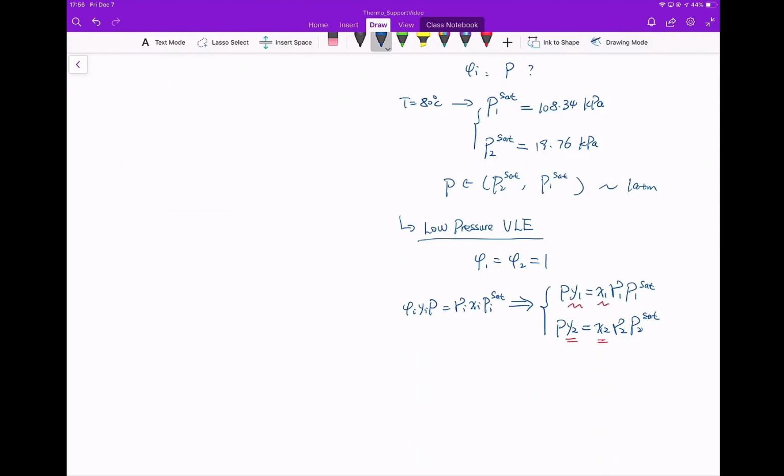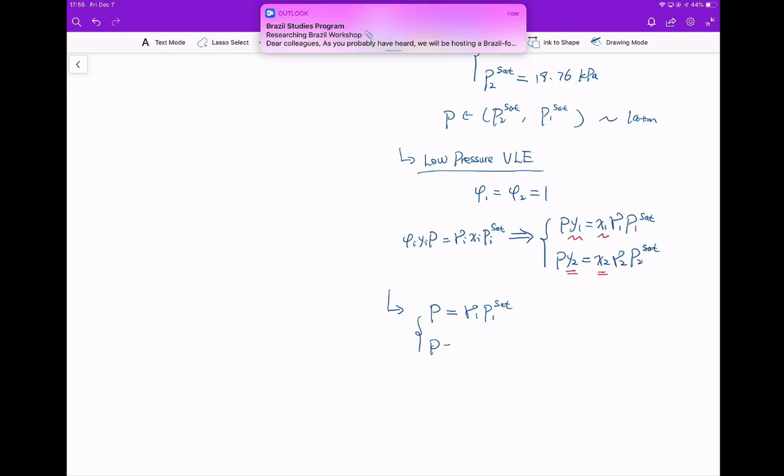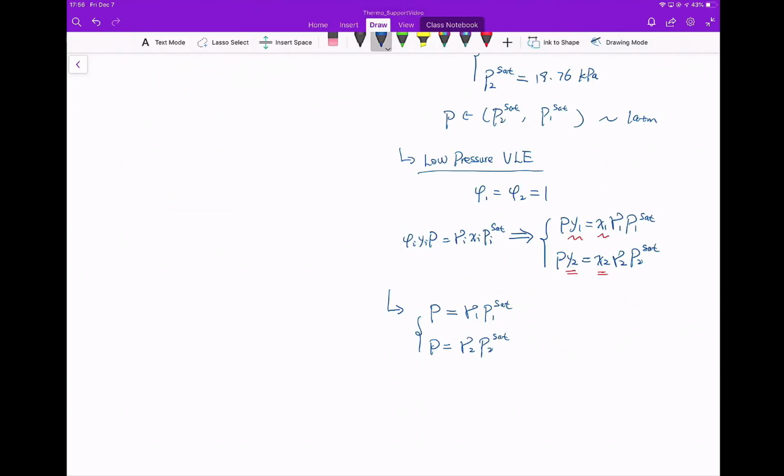So moving forward, I can simplify this as P total is gamma 1 P1 sat, and again P total is gamma 2 P2 sat.